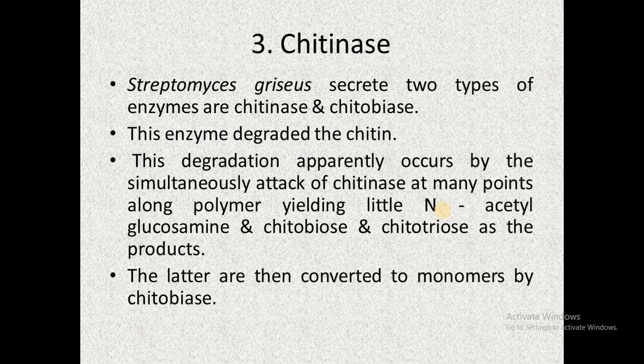N-acetyl glucosamine is a monomer. Chitin is a polymer of N-acetyl glucosamine. So it produces chitobiose, which is two N-acetyl glucosamine units.